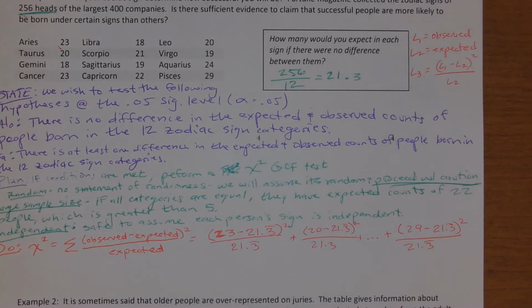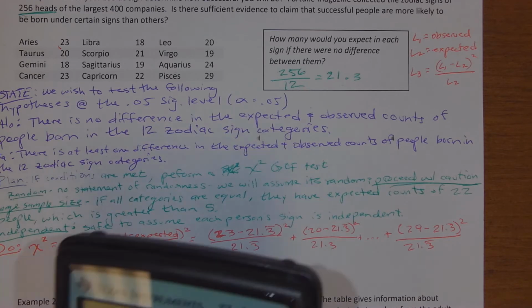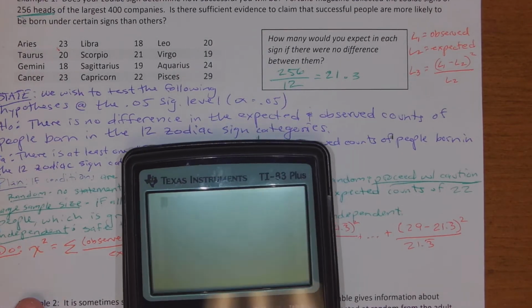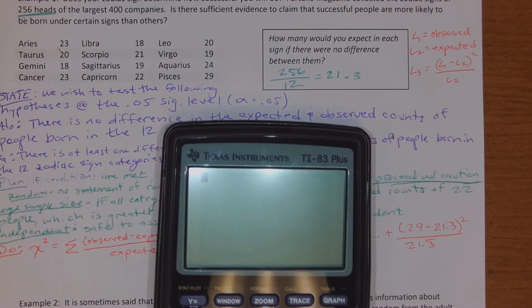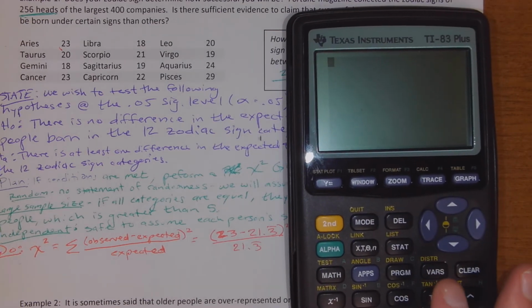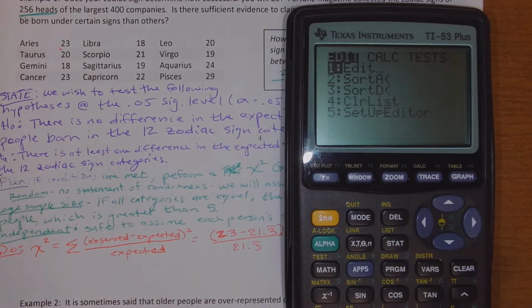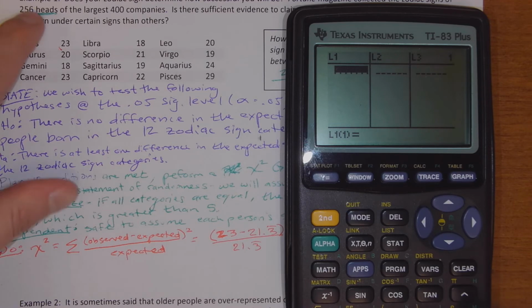So let me show you what I mean by that. I'm going to break out my handy dandy calculator here. I'm going to go Stat, Edit, and into L1 I'm just going to put all of these values.